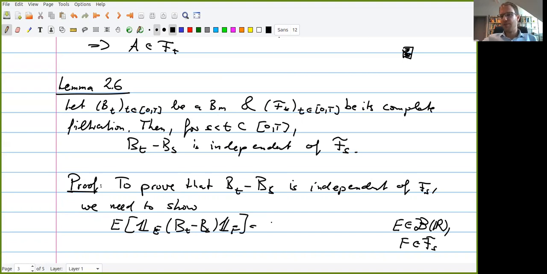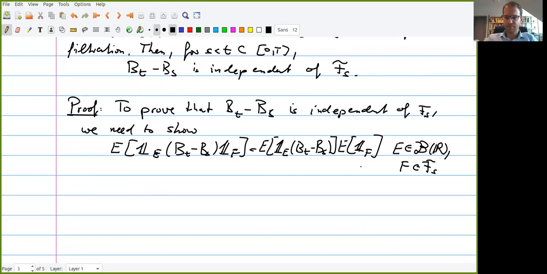By the definition of independence, this should factorize: the expected value of the indicator of E applied to the increment, multiplied with the indicator function of F. Okay, so now, what do we know?